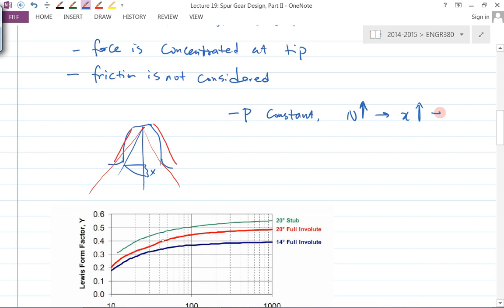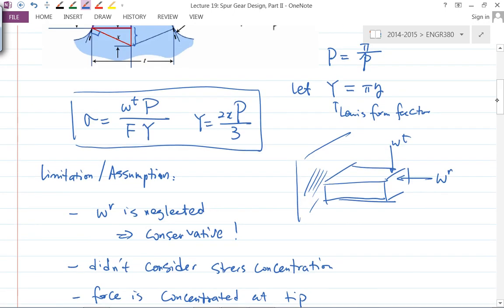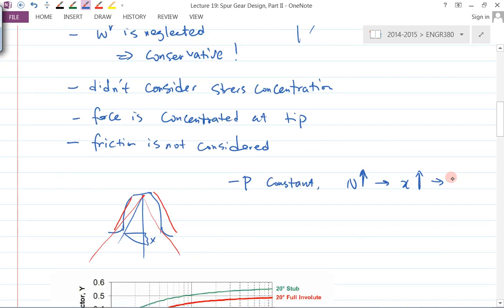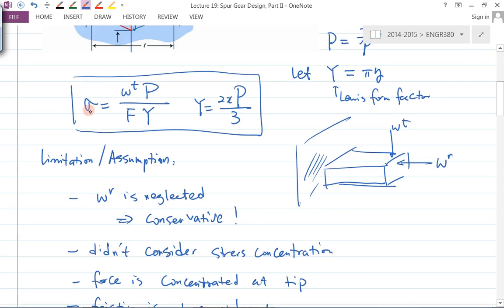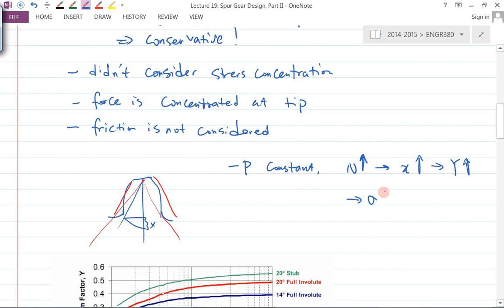X increase will result in what? Capital Y to increase. So that Lewis form factor will increase. Y will increase, which will result in the sigma to decrease. So simply put, the higher number of teeth you have, the less bending normal stress at the root. That's basically the idea.